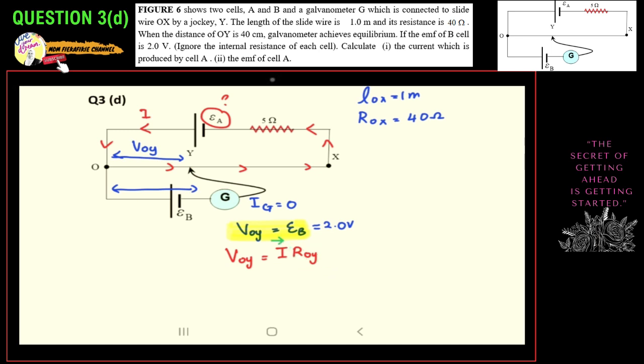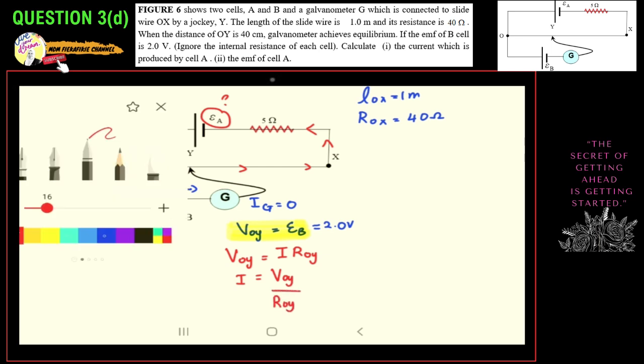So you want to find what is current I, current that produced by the battery ataupun by EMF A. Dia adalah current yang samalah yang lalu dekat OY, yang lalu dekat YX dan juga yang lalu dekat internal resistance 5 ohm ini. So I is equal to VOY over ROY.